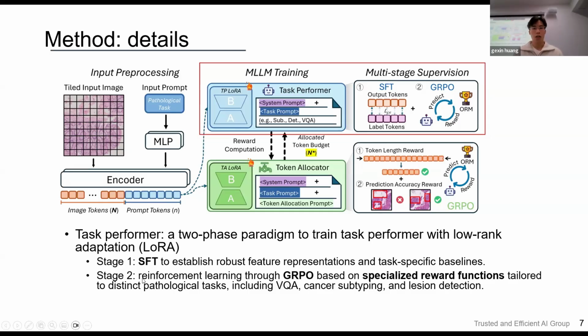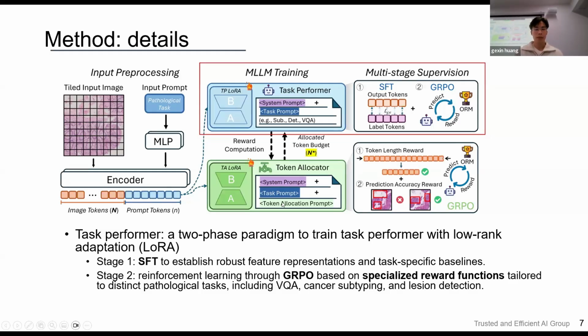And after that, it utilizes reinforcement learning through GRPO, based on specific reward functions tailored to distinct pathological tasks, including VQA, cancer subtyping, and lesion detection.